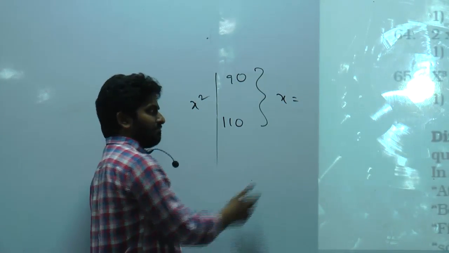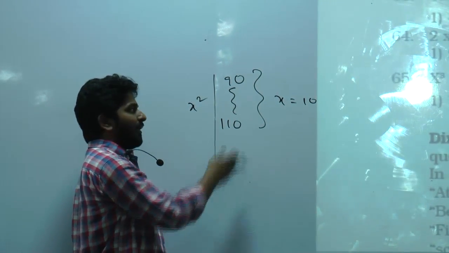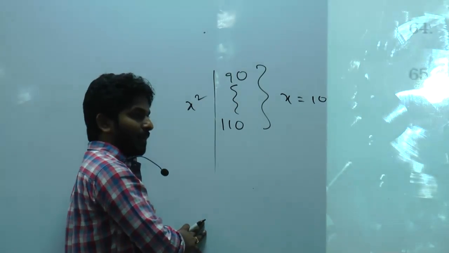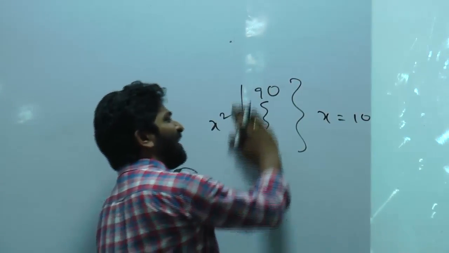Value of x is 10 with a difference of what? 20. You can give your answer as 10. Getting my point? So x square can be a difference with 10 or 20 or 30, depends.